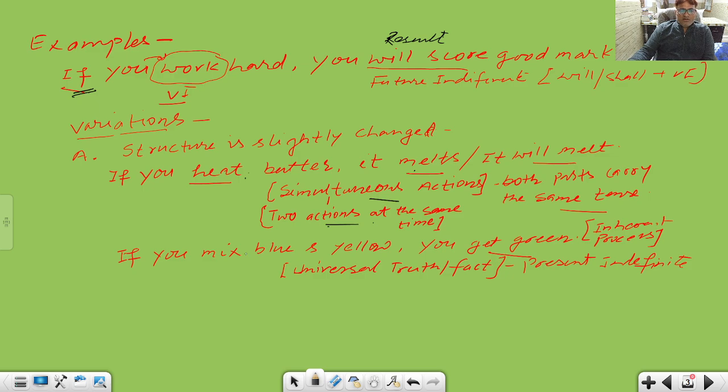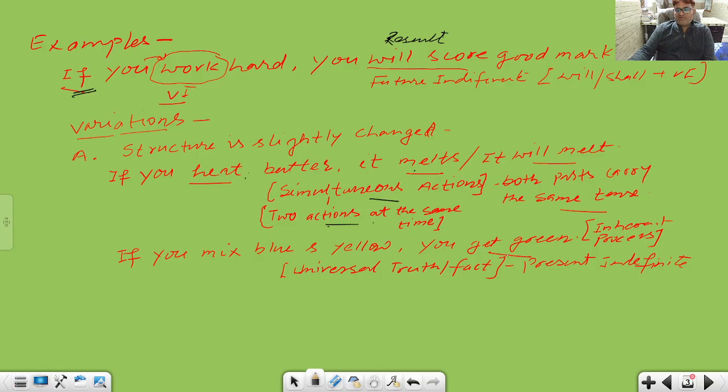Similarly, if you mix blue and yellow, you get green. This is an inherent process, a universal truth, a fact, so present indefinite. So here again, we use the same tense in both the parts because we cannot change the result.